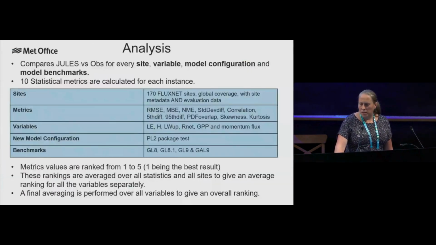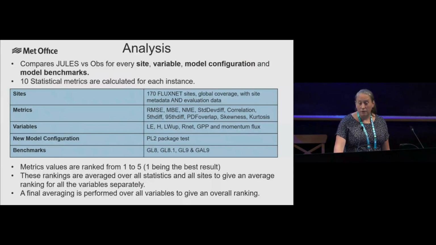This is just a bit of a summary of the analysis that we've done. We've compared JULES versus the observations for every site, for every variable, for every model configuration, every benchmark. There are 10 statistical metrics, 6 different variables, including latent and sensible heat flux, 4 benchmarks, and 1 new model configuration, which is this new package that we've developed. The metric values have been ranked from 1 to 5, for every metric calculated for every model observation comparison.